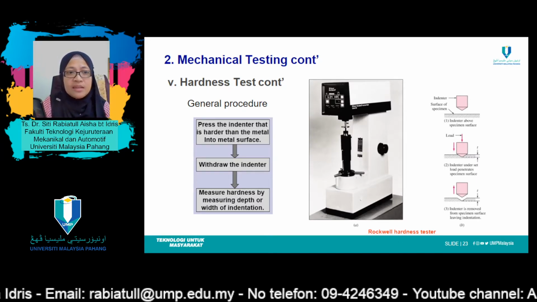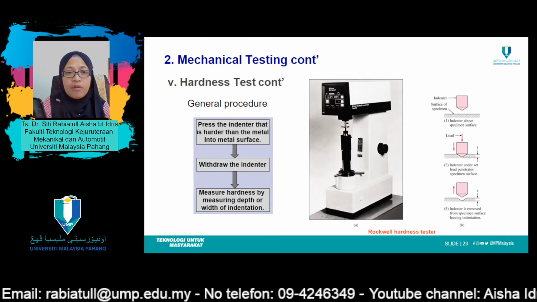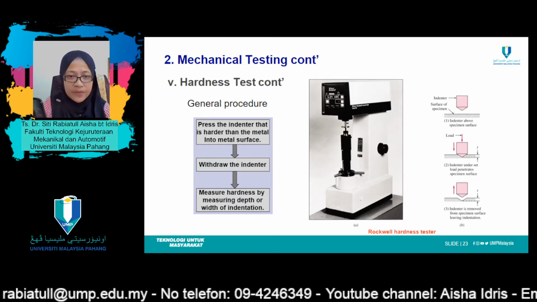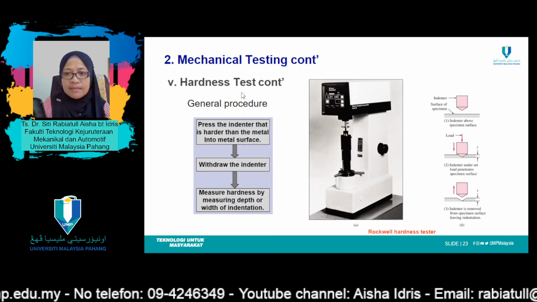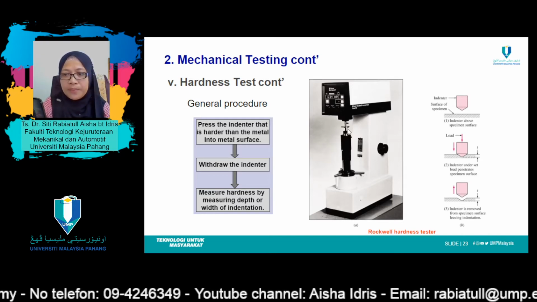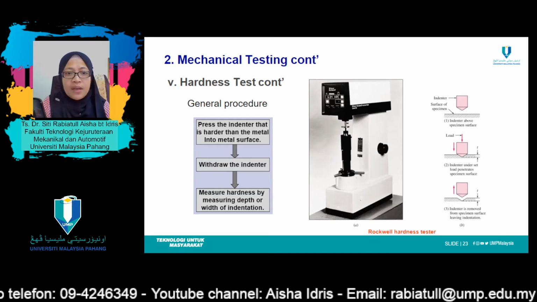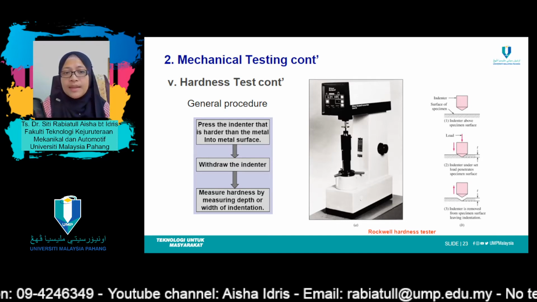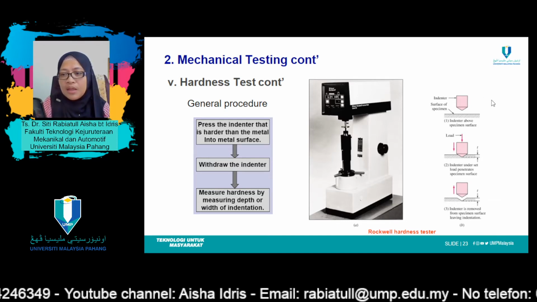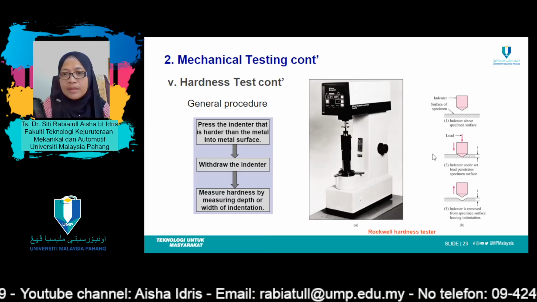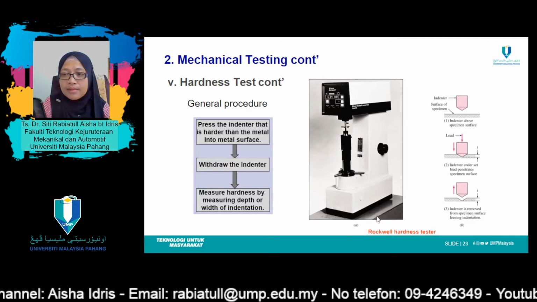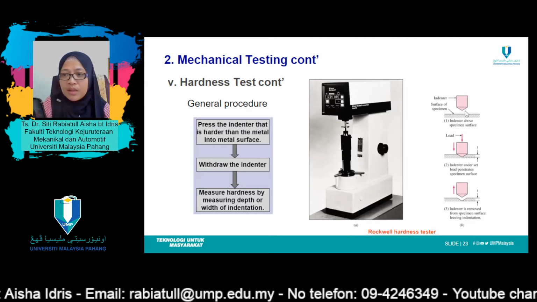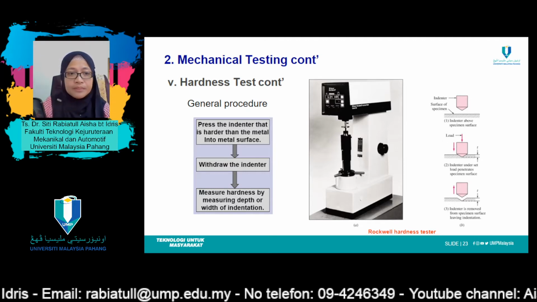The hardness test is typically performed by pressing a specifically dimensioned and loaded object, known as an indenter, located here, into the surface of the material you are testing. This is an illustration of a hardness test using a Rockwell hardness tester. This one is the specimen, this one the indenter.